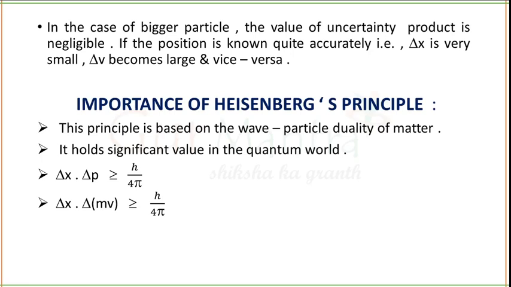In the case of bigger particles, the value of the uncertainty product is negligible. If the position is known quite accurately, that is, Δx is very small, Δv becomes large, and vice versa, because Δx and Δv are in inverse ratio.